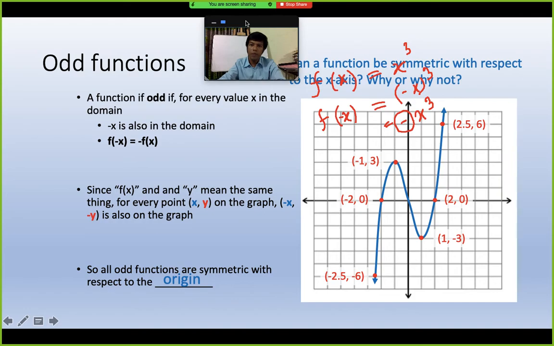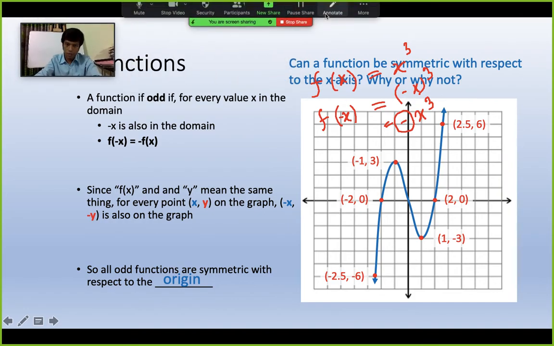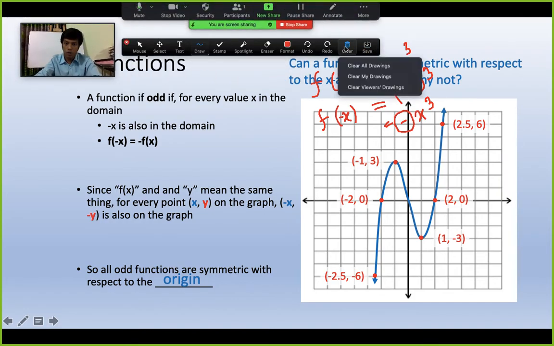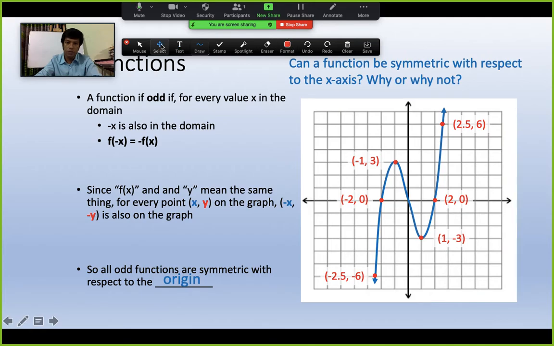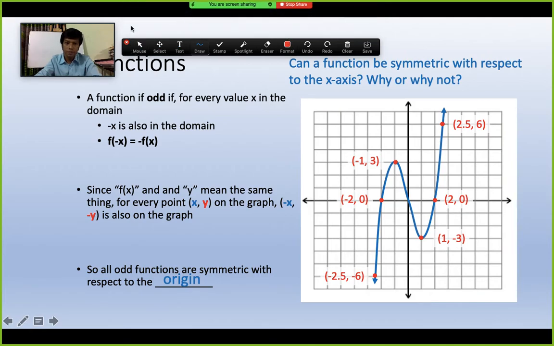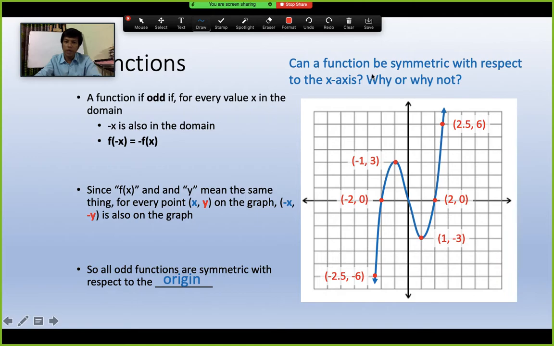Now we have written a question here. This is just a thought-provoking question, if you want to think about it. Can a function be symmetric with respect to the x-axis? Is it possible? Why or why not? Think about it, and you can discuss it during the class also if you want.